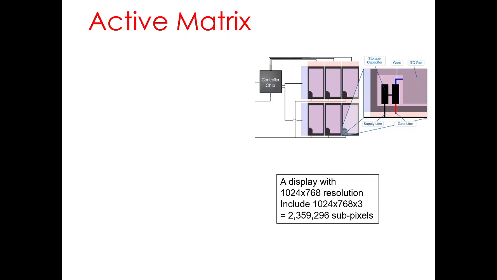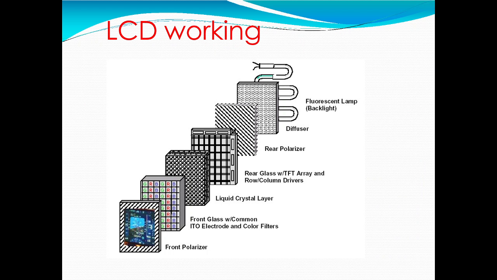Here in the active matrix each pixel is controlled with the help of this TFT. It allows the electrical signal for each subpixel to avoid influencing adjacent elements. So this TFT is patterned into the glass layer. We can see here also, this TFT array is in the form of rear glass.